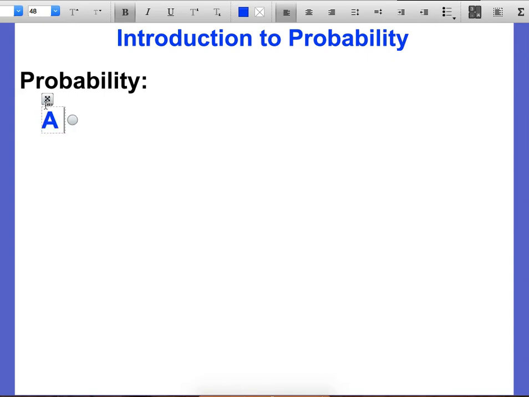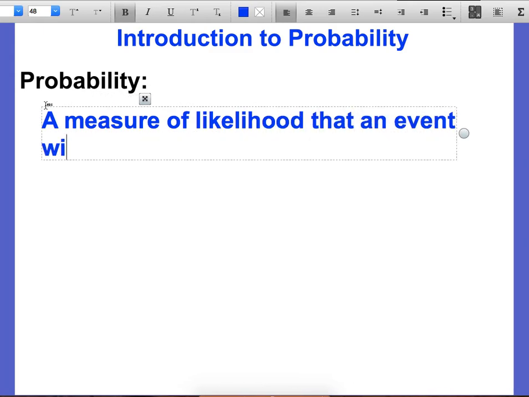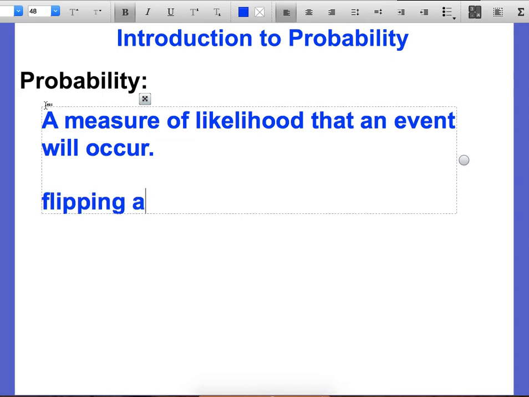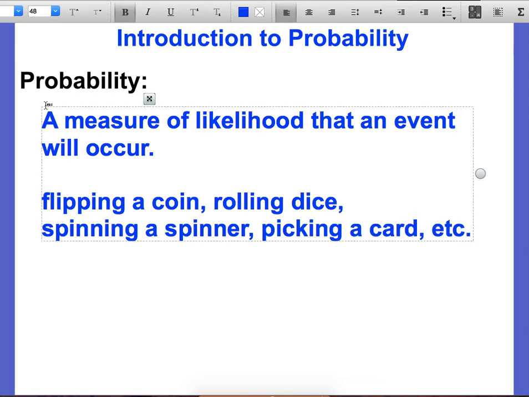Probability is a measure of likelihood that an event will occur. Some different ways that we might think of probability are like flipping a coin, rolling dice, spinning a spinner, picking a card, etc. There's a lot of different events that we can think of for probability where sometimes it might seem like chance is coming into effect.